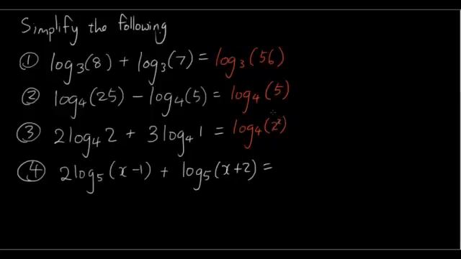So all of this is 4 plus 3 log base 4 of 1. So we got log base 4 of 1 to the power of 3. 1 to the power of 3 is just 1, so forget the 3. So that equals log base 4 of 4, because 4 times 1 is just 4.